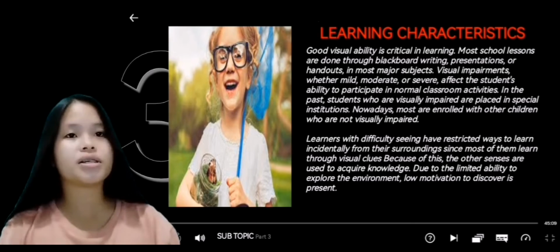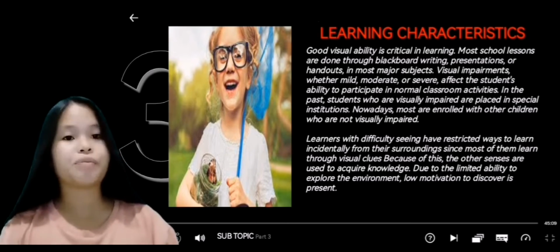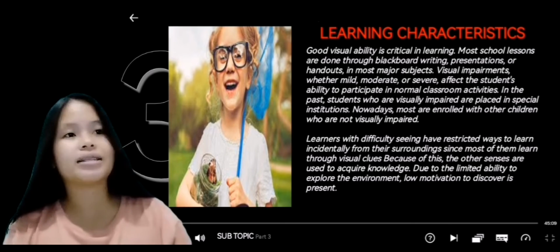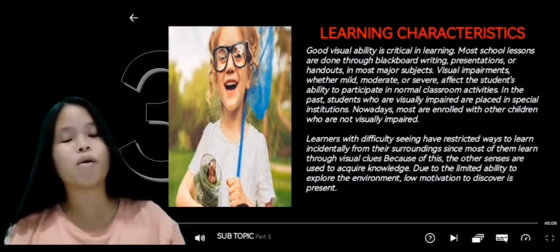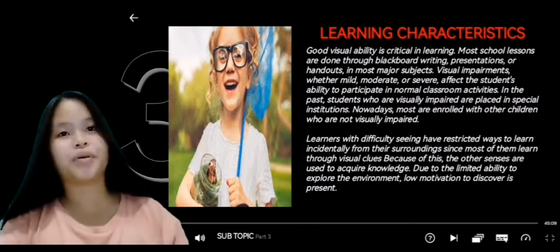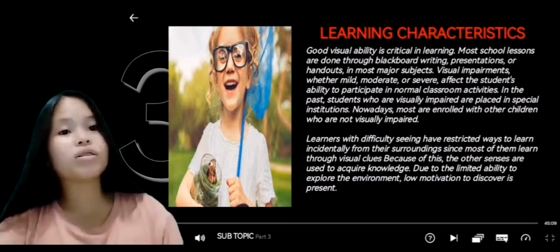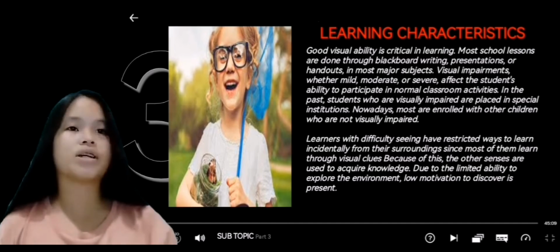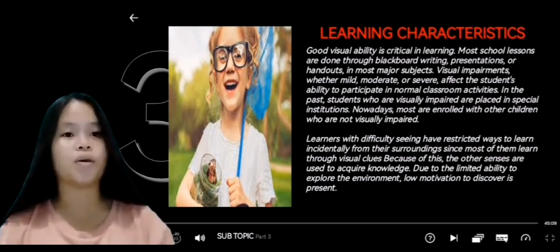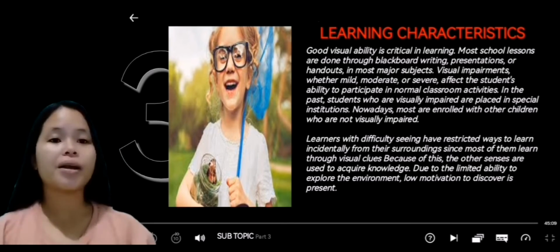However, because students with vision problems find it hard to read text that is small or far away, they can find it hard to focus on schoolwork, and ultimately, poor vision can negatively affect a student's ability to learn and grow. So that's all for my report about learning characteristics.